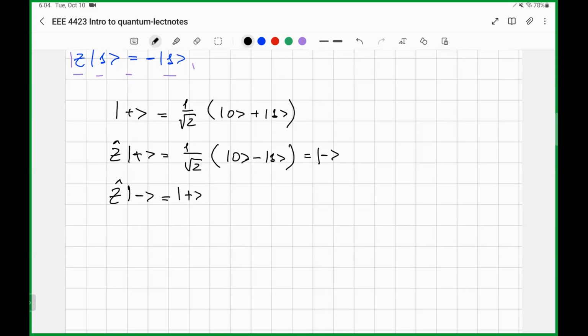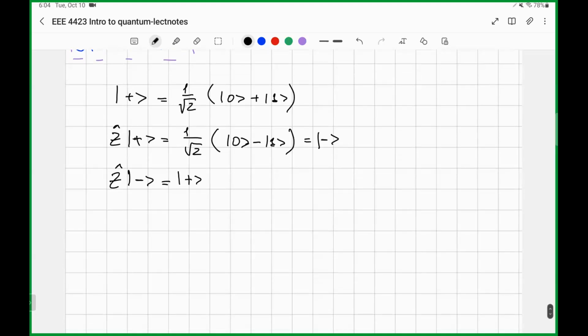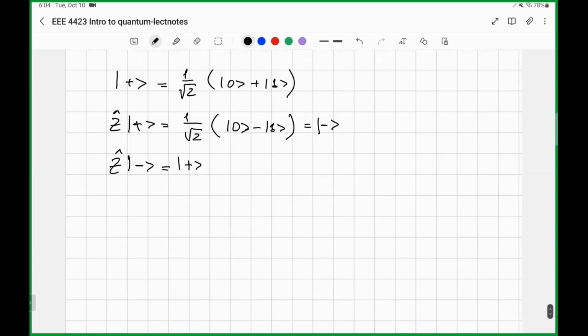And in the general case, one can show that the Z operator, or Z gate, flips the phase, or changes it by pi.